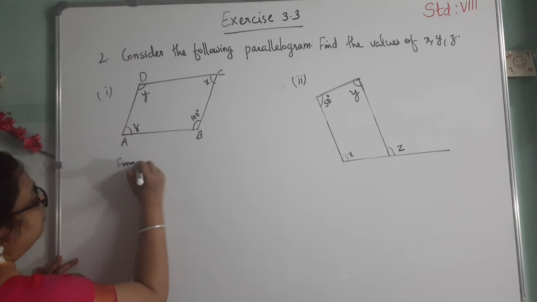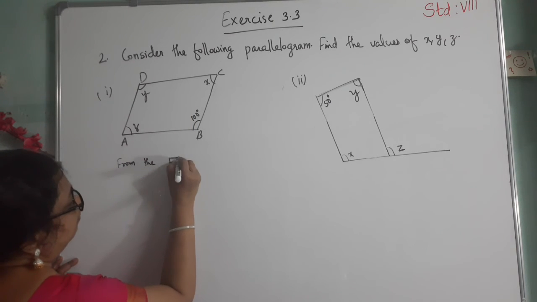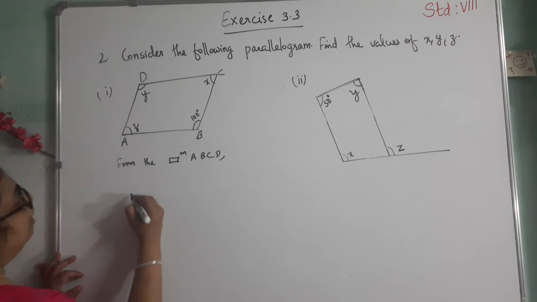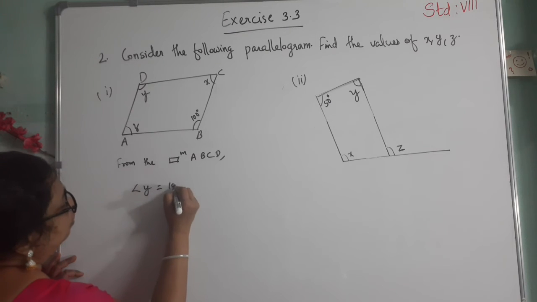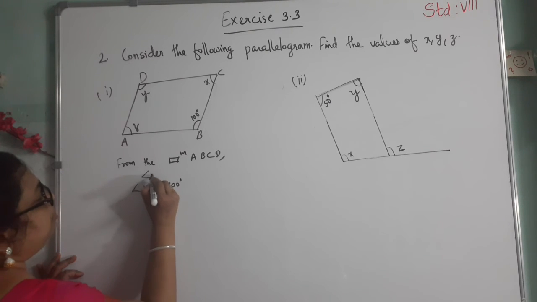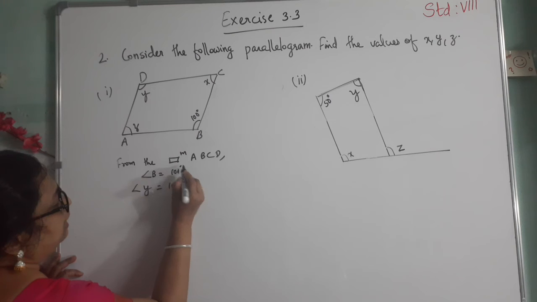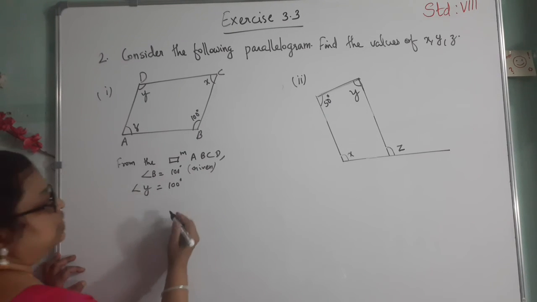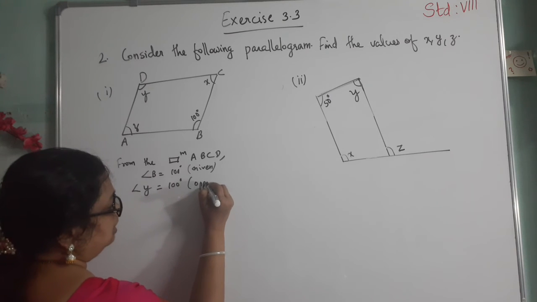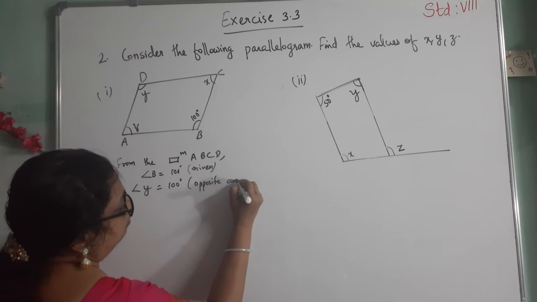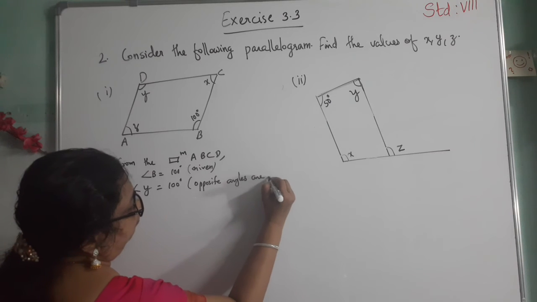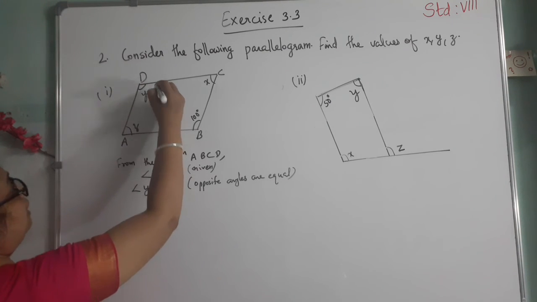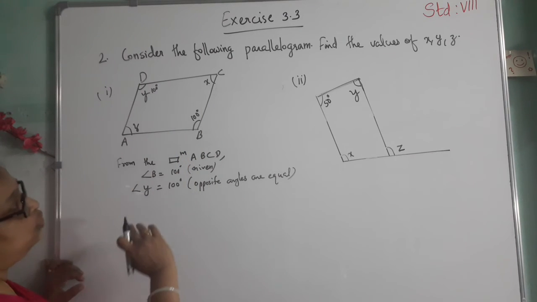From parallelogram ABCD, angle B equals 100 degrees, given. So angle y is equal to 100 degrees, because opposite angles are equal. X and z are equal, also opposite angles.